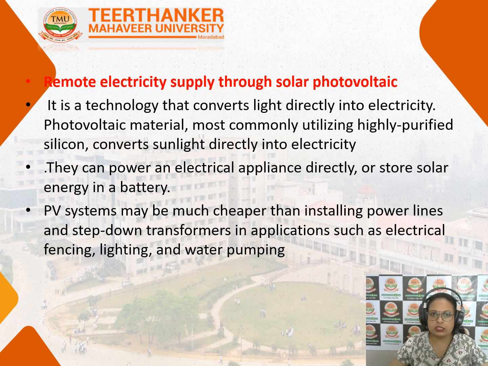It helps in the generation of electricity in remote areas where the electricity supply has still not been installed by the government. There the solar photovoltaic system is used to generate electricity, and different electrical appliances can be operated, like water pumps, solar fencing, and lighting.